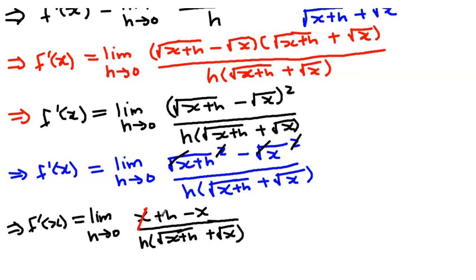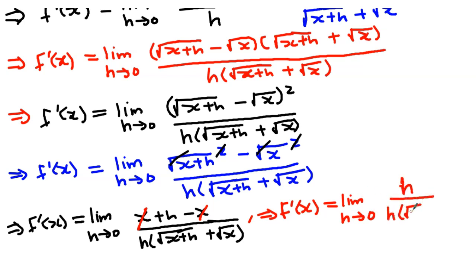So here this and this go away. The derivative of f of x is equal to the limit as h tends to 0. We have h at the numerator and h here, times root x plus h plus root x. And we know that h divided by h is 1, so that goes away.